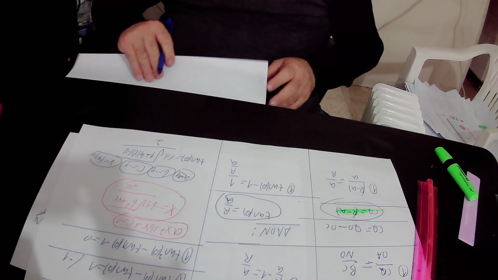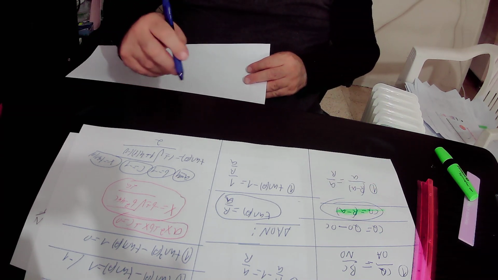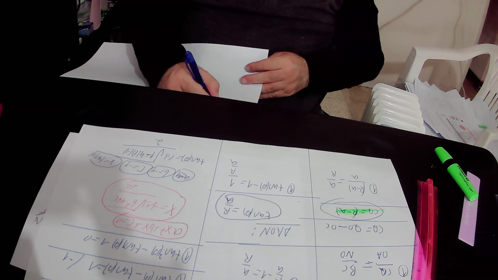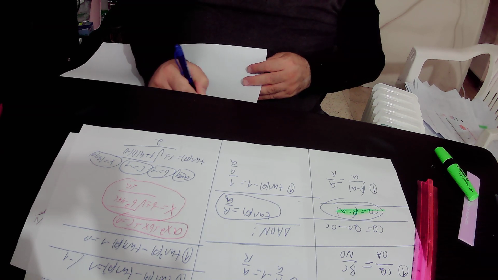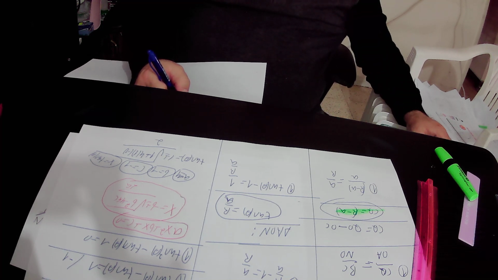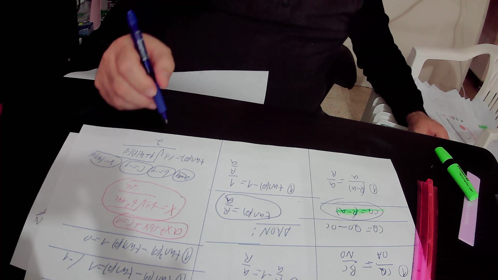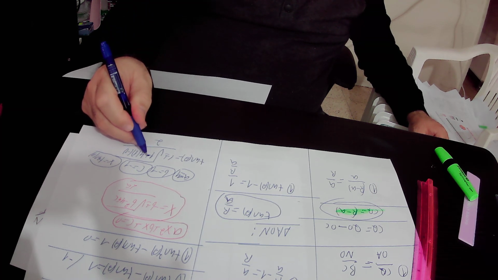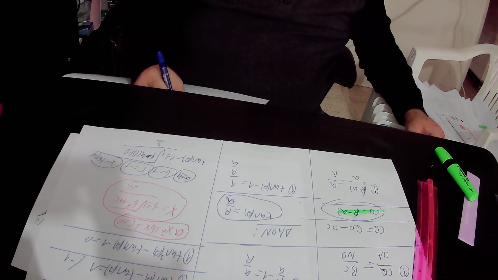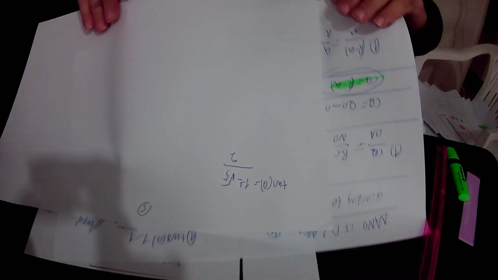So we get that tangent theta equals 1 plus minus the square root of, minus 4 times minus 1 is 4, and 1 plus 4 is 5. So inside the root we have 5, over 2. Here we have two possible solutions for tangent theta.